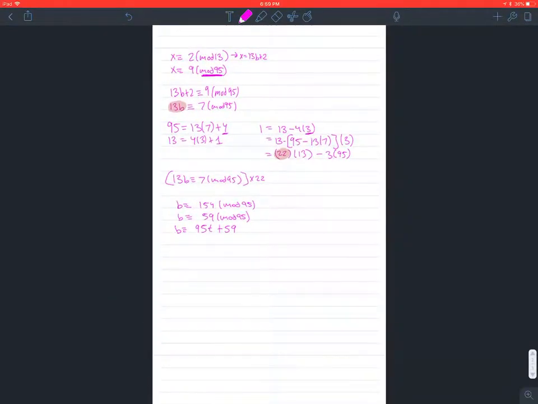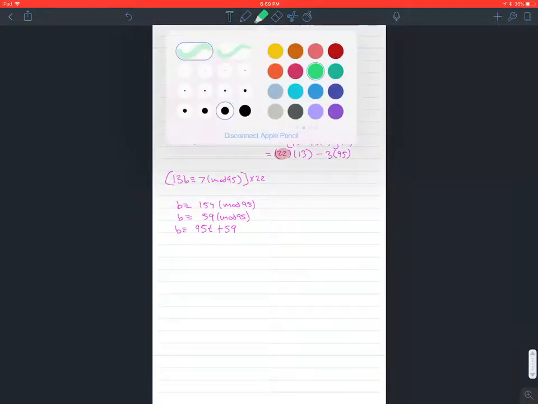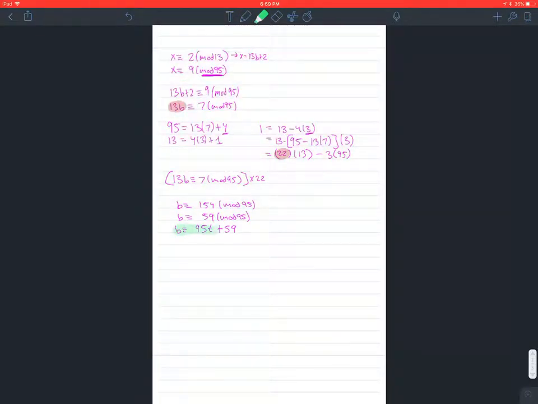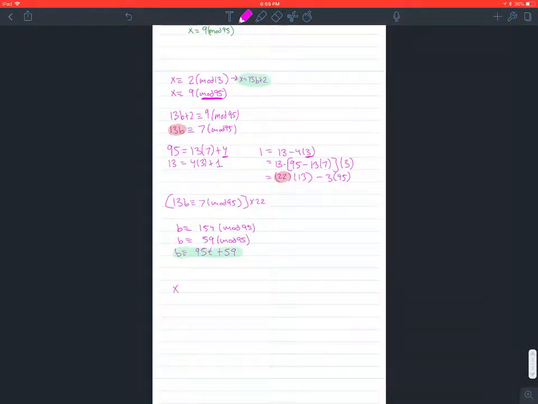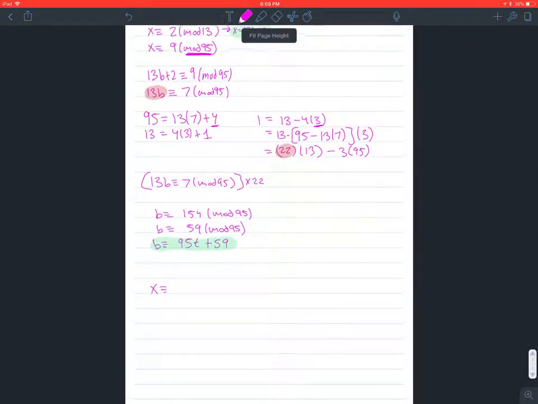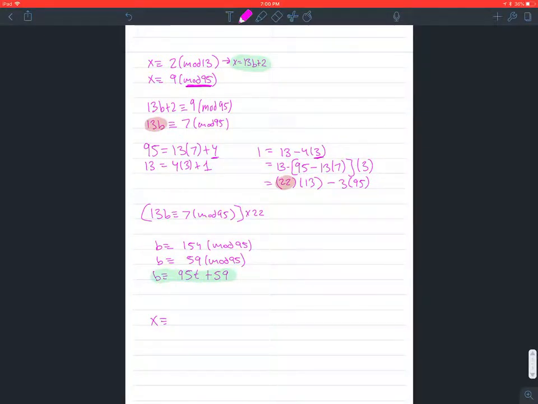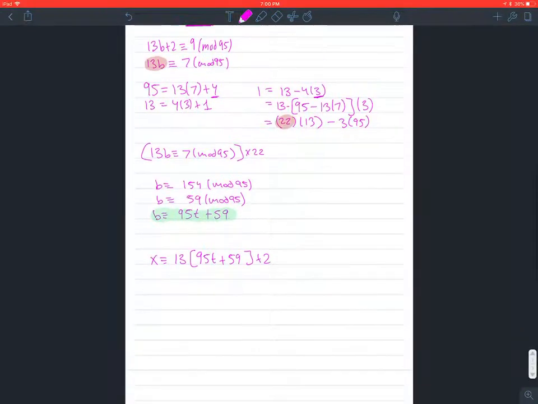So now we have our b, and we go back and plug this into the equation up here, x equals 13b plus 2. So we're going to get x is congruent to 13, and then we substitute the b, so 95t plus 59, and then plus that 2. I'll put a link in the description for the document, if it's hard to follow along, so you can have it open on the side.